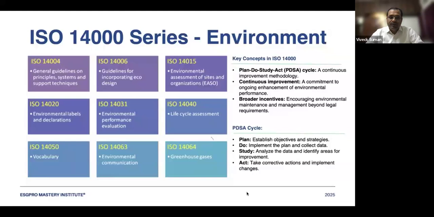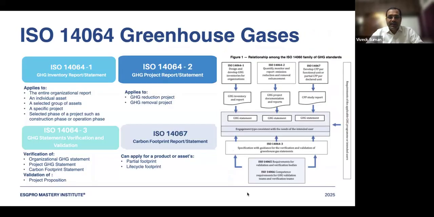We covered 14004, 14006, 14015, 14020, 31, 40, 50, 63, and 64. And we understood the key concept in all of those critical environmental series ISO standards: you have to understand the Plan, Do, Study, Act, PDSA cycle. That's how they differentiate, and that is a critical element of ISO standards.